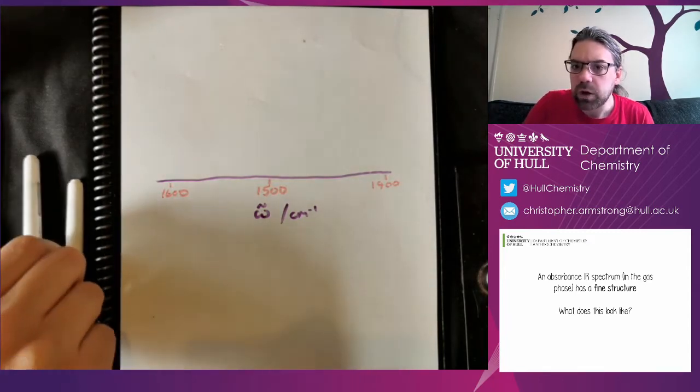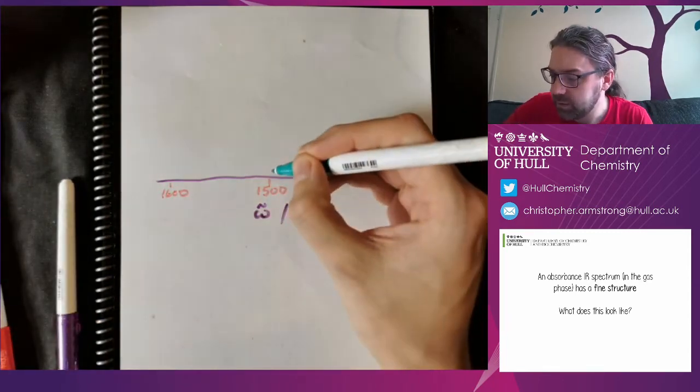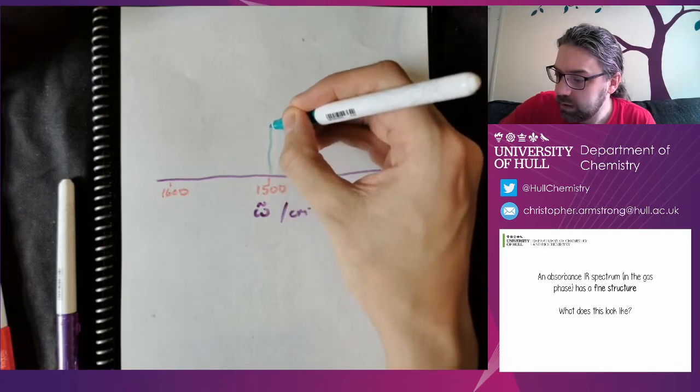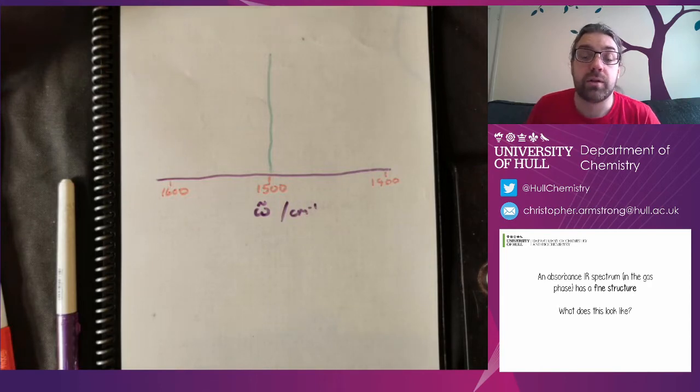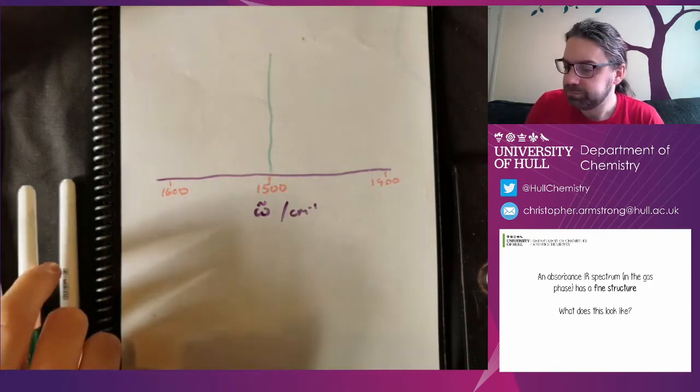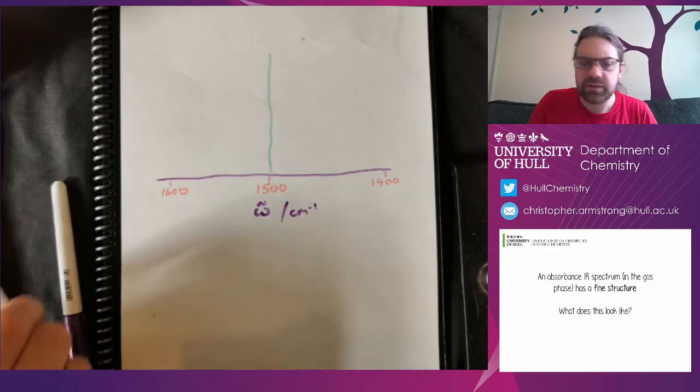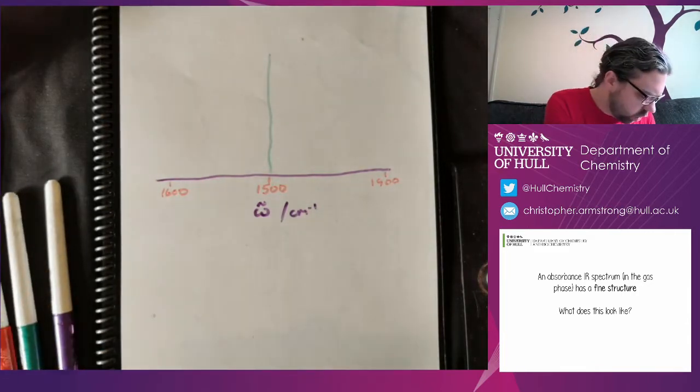What we expect to see is a single peak here that corresponds to the energy gap to raise the vibrational level from one to another. But what we actually end up seeing is something a little bit more complicated than that.